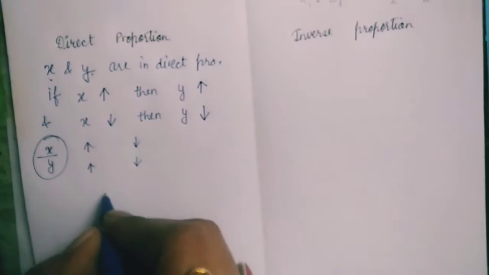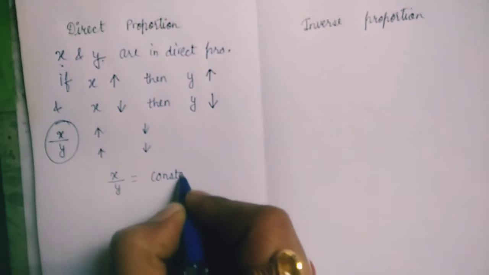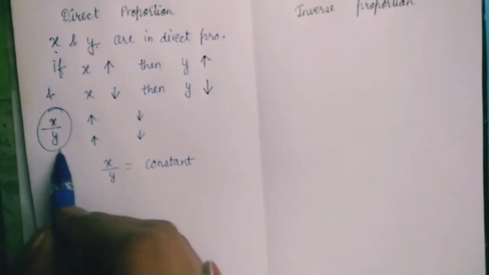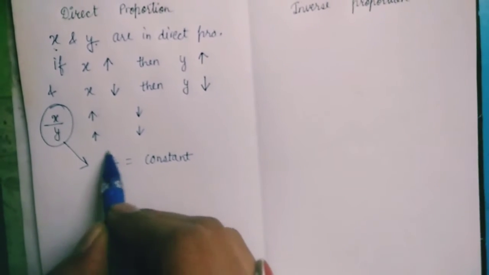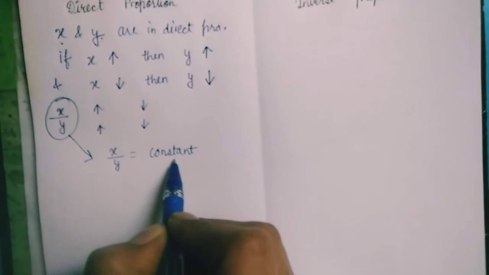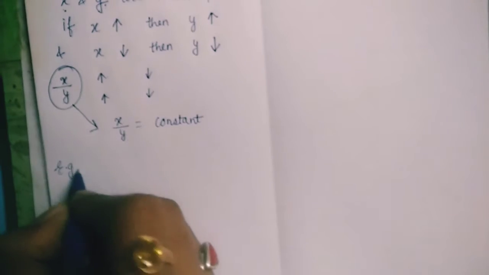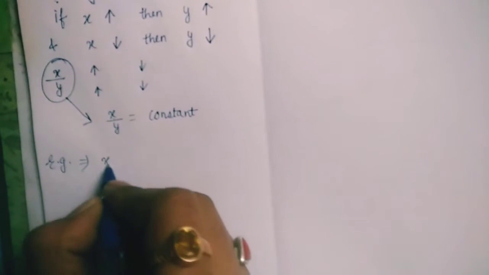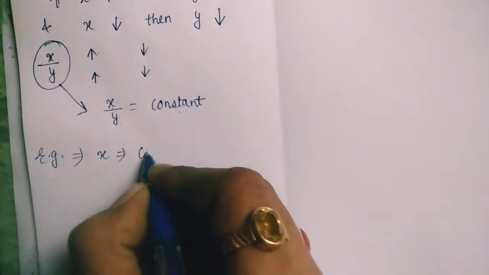And here the ratio of x and y will be constant because this is direct proportion. So in direct proportion we will write x divided by y, and its value will be constant. We can see one example for understanding this.